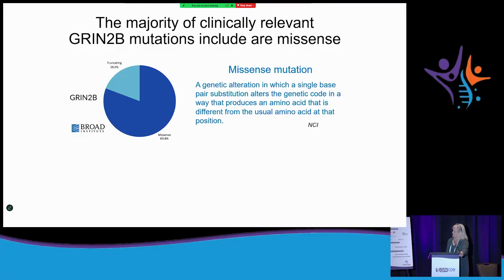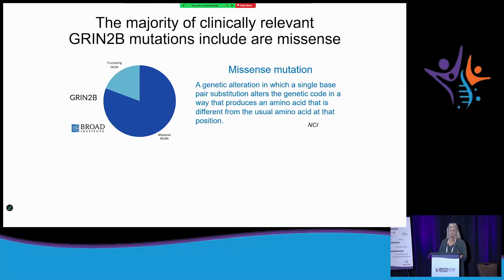If you go to the Broad site, you'll find that for 2B, the vast majority, I think we've heard this already a couple times, and we'll hear it again over the next few days, are missense mutations. This is a challenge because they can be one-offs or just a couple of probands with the particular variant, and they can be gain of function or loss of function.